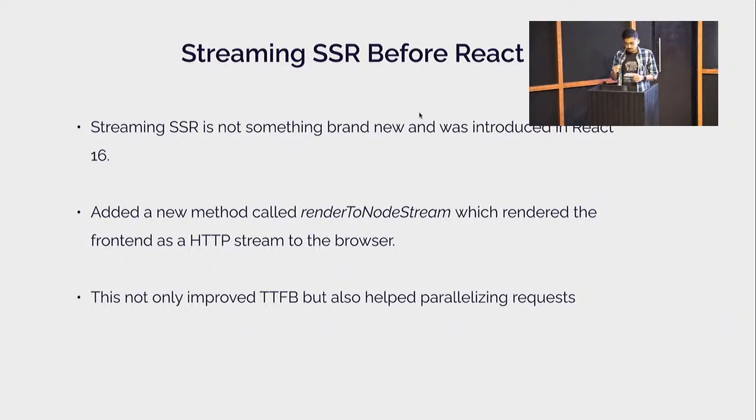So it slightly helped improve time to first byte while still giving you the benefits of SSR. It also helped parallelize requests, like the browser can start downloading the relevant JavaScript and CSS while it is being streamed.